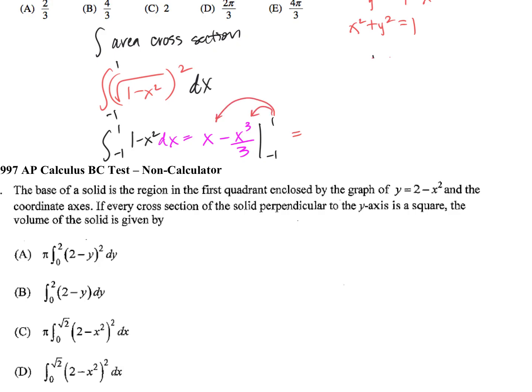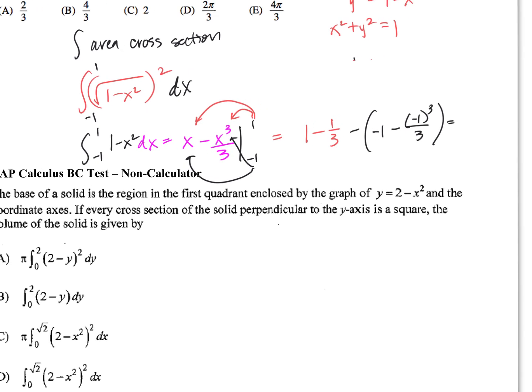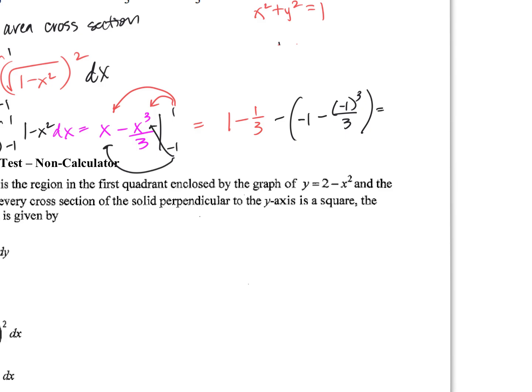When I plug in my upper, 1 minus a third. You agree with upper is going to be 1 minus a third? Upper minus lower minus parenthesis. If I were you, I would plug it all in before I simplify it at all. I'd get a -1 minus -1 cubed over 3. 1 minus 1/3, 3/3 minus 1/3 out here is going to get me a 2/3.